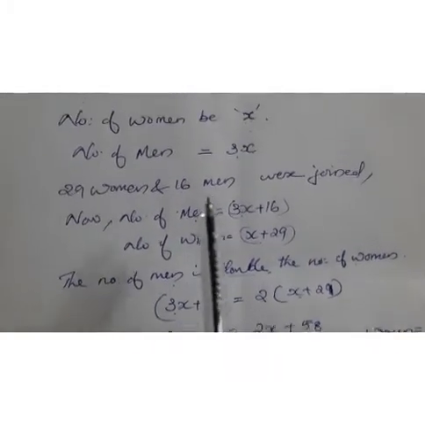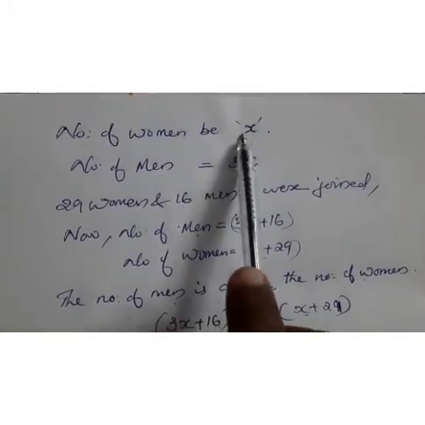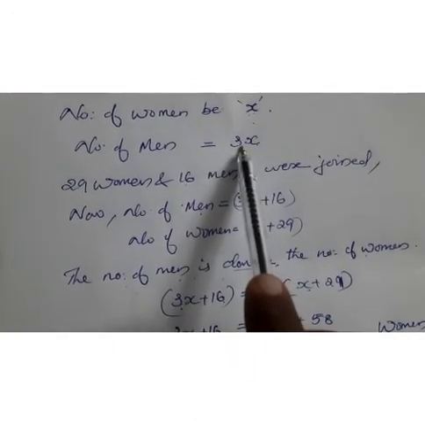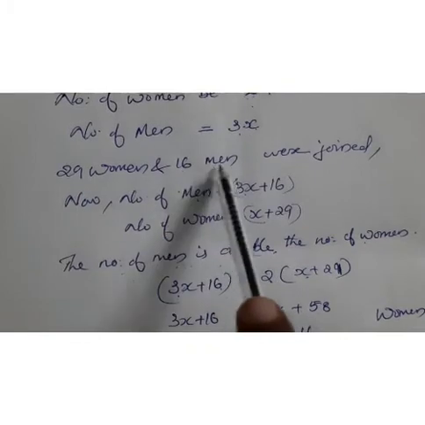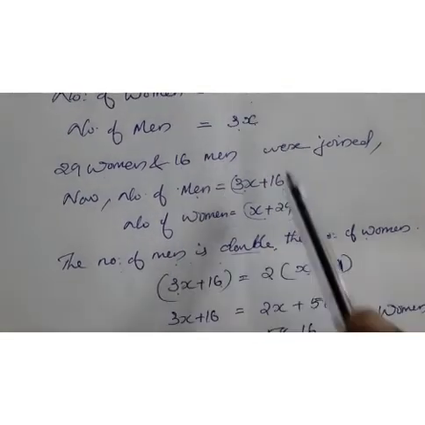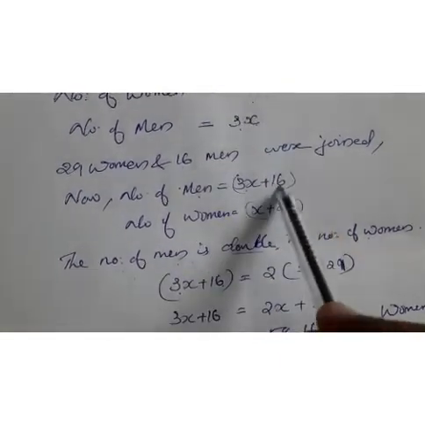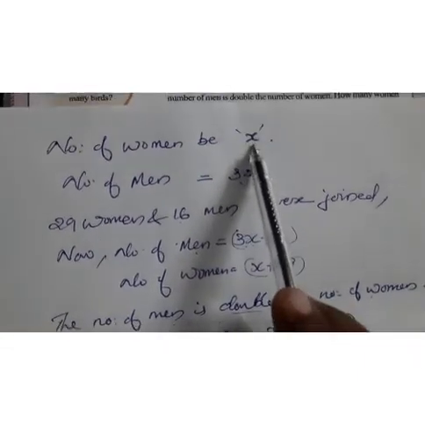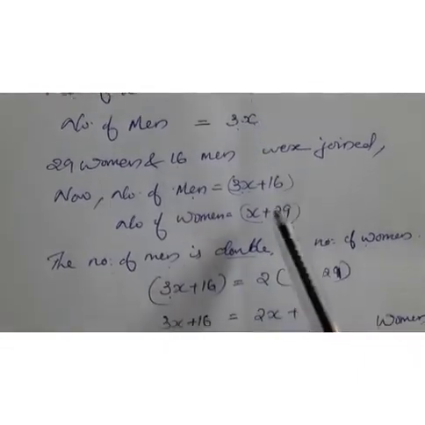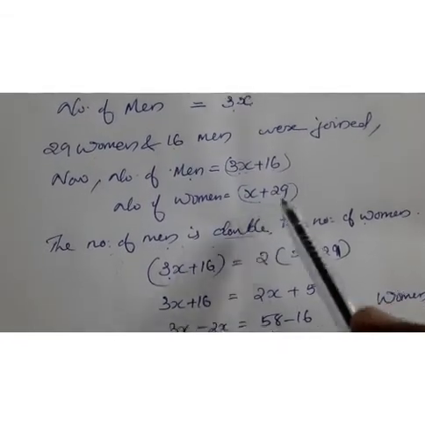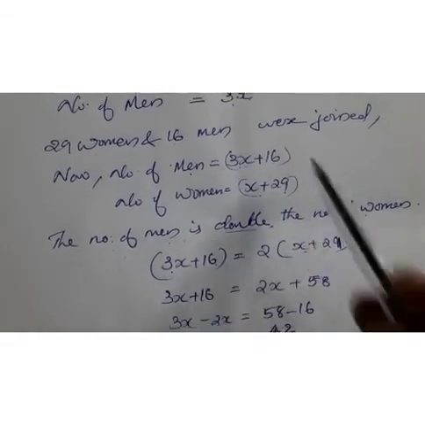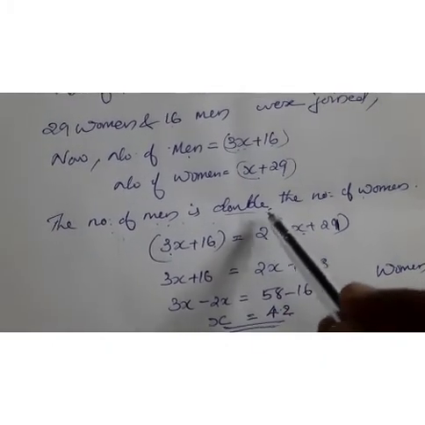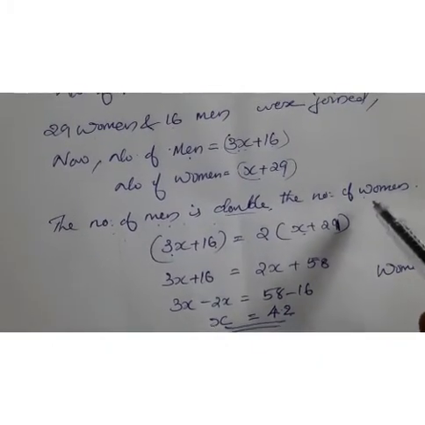So remember this one: at first the number of women is x and the number of men was 3 times that, and later some joined. That time the numbers increased, 16 men joined, so 3x plus 16, 29 women joined, so x plus 29, and it is given that after joining, the number of men is double the number of women.